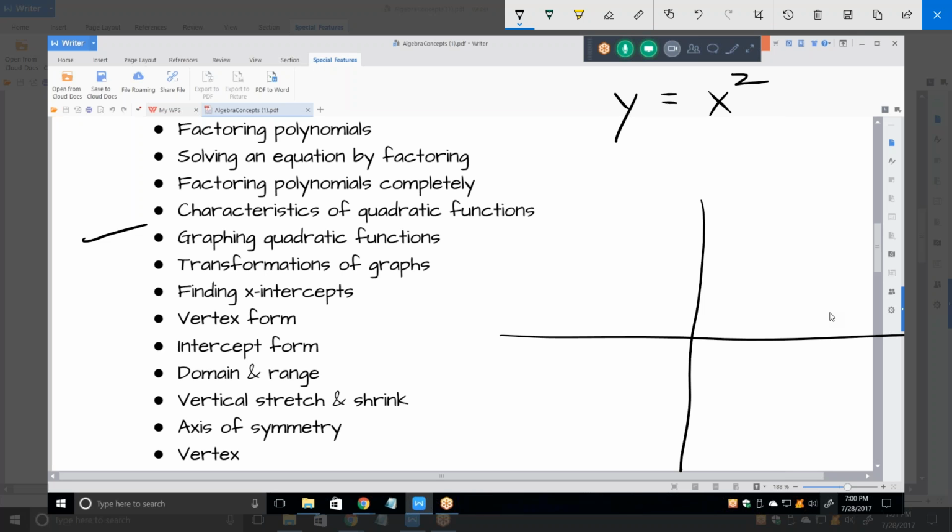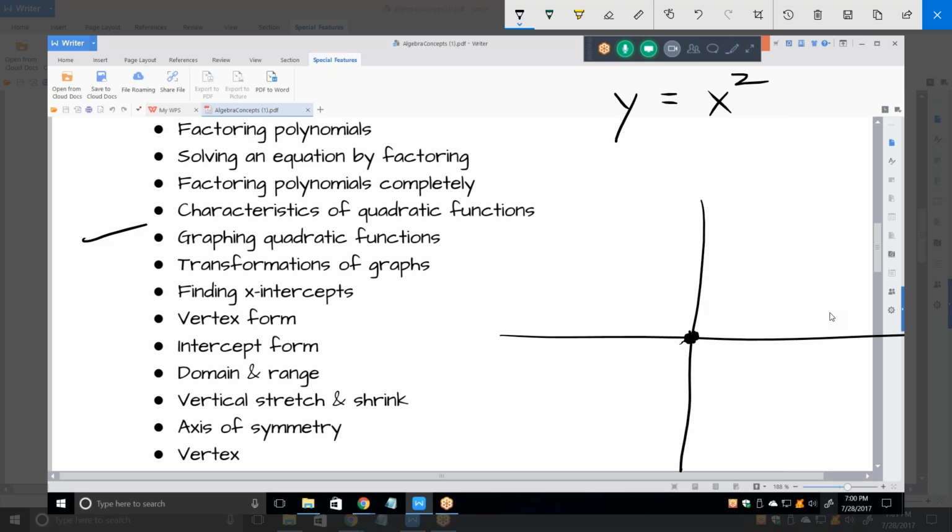Well, pick values for x. Any value you want, starting with 0. If x is 0, where is y? It's also at 0. Yeah, so that point right there is on the graph.